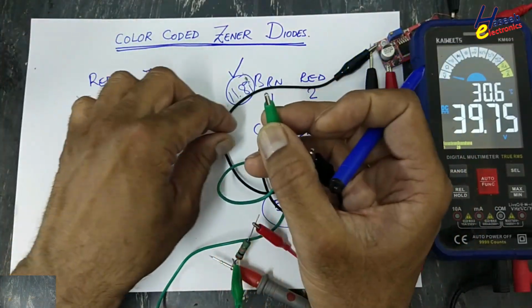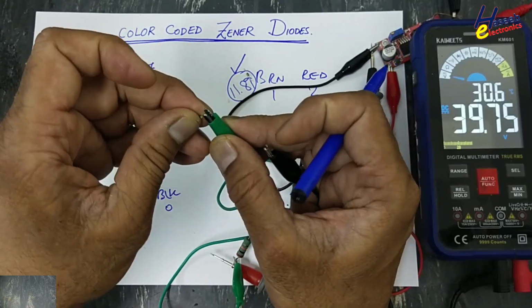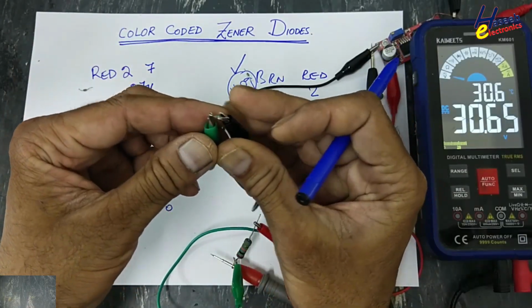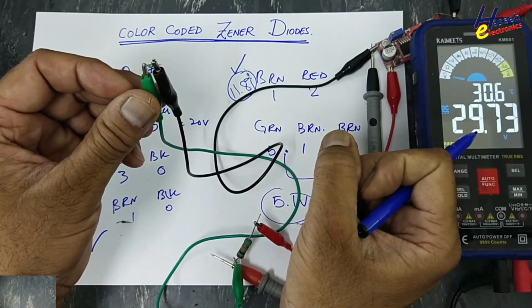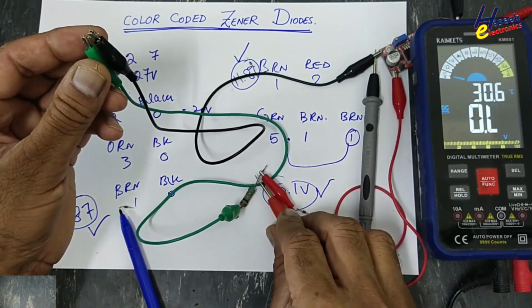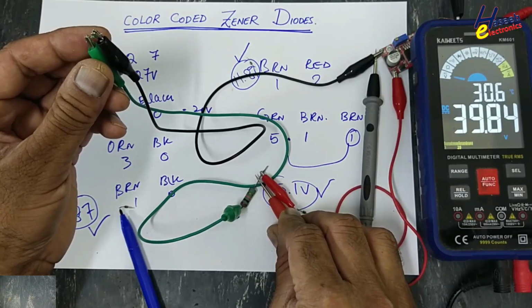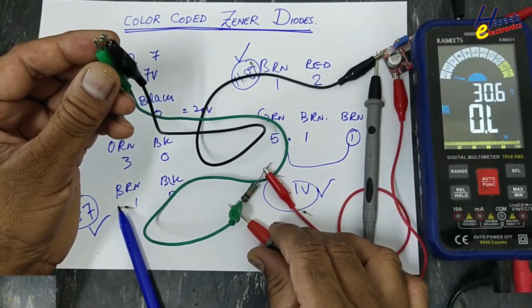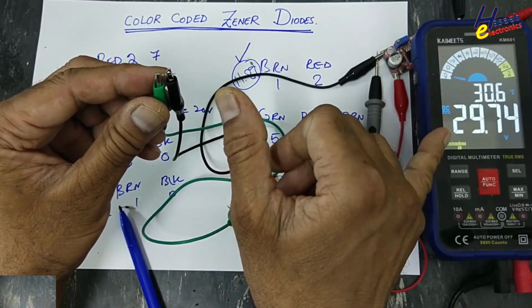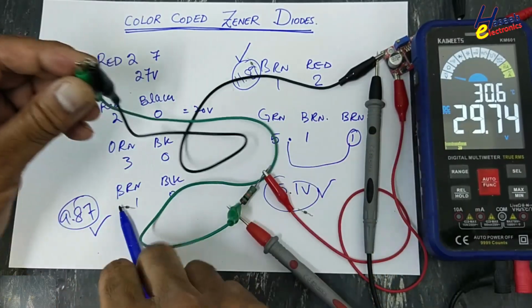On the orange side we will connect positive voltage. 29.7 volt. If I check the supply voltage, it is 39.84. But when we connected the Zener, the voltage is 29.74, that is the Zener voltage.